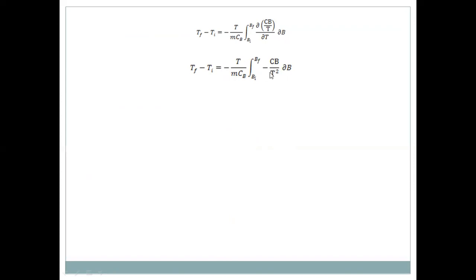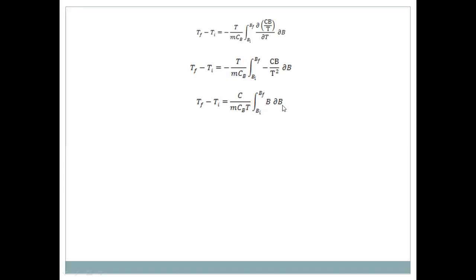So that is minus T by mC_B into the integration from B_i to B_f of minus CB by T squared dB. Of course, here minus into minus is plus, and T is cancelled. So T_f minus T_i is equal to C by mC_B into the integration of B dB, whose limits are B_i to B_f, where B_i is the initial magnetic field and B_f is the final magnetic field.